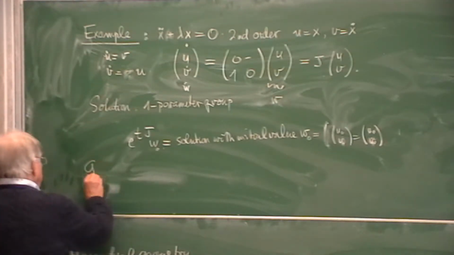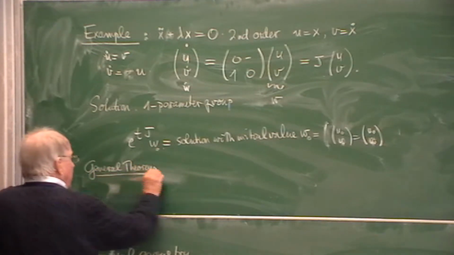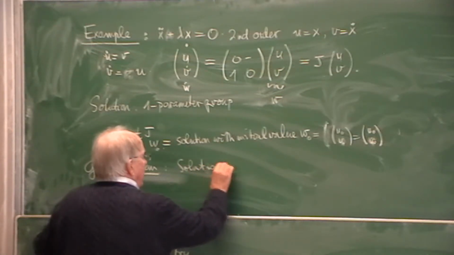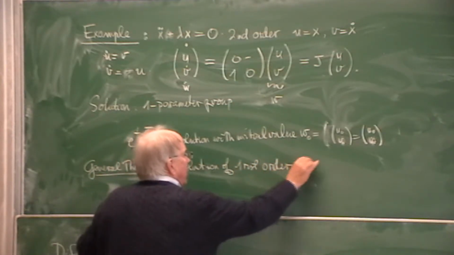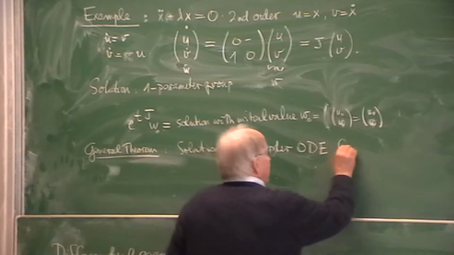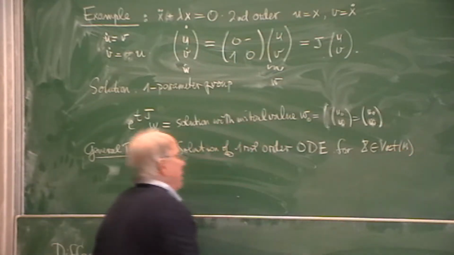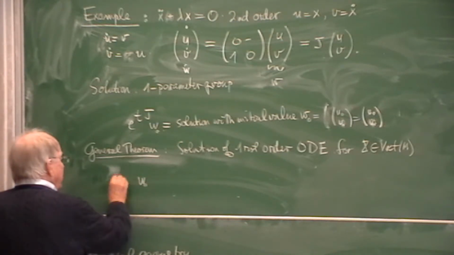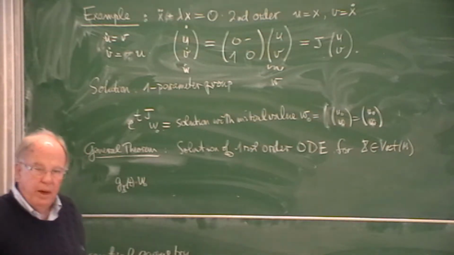And in general, so the general theorem: the solution of a first order ODE is the same for a vector field X on the manifold, and with initial value, let me just write in the same notation, W0 equals Gx of t, the orbit of the point W0 by a one parameter group.